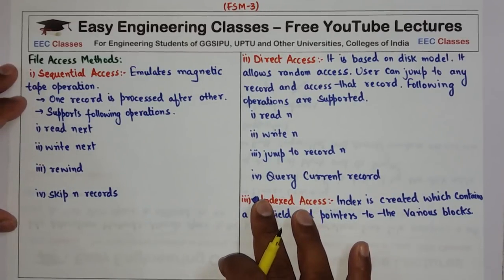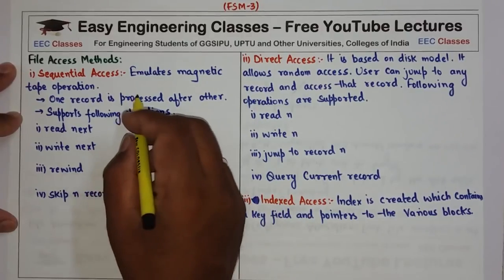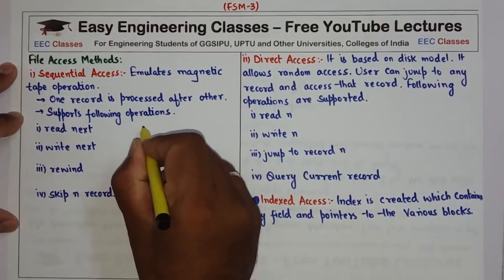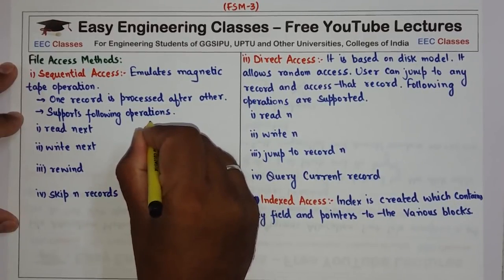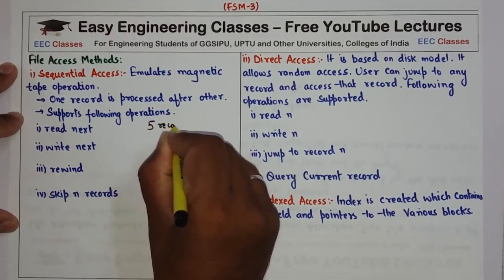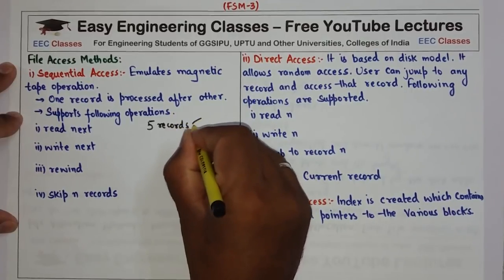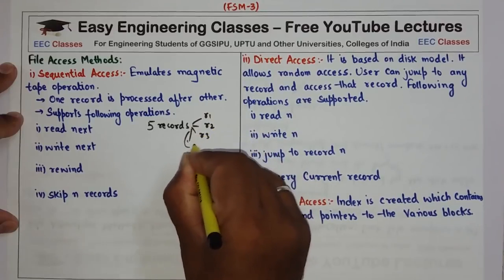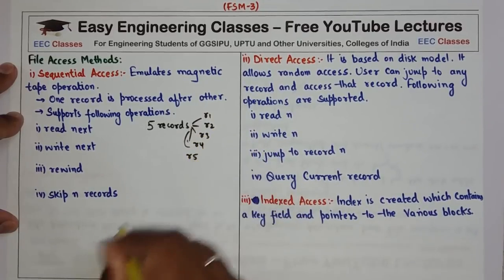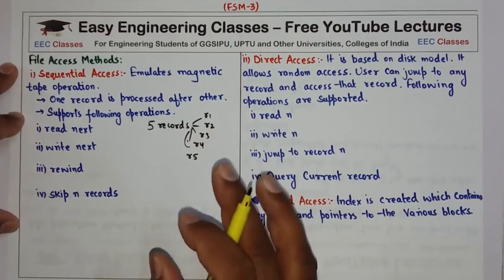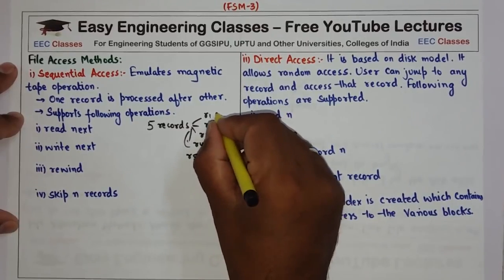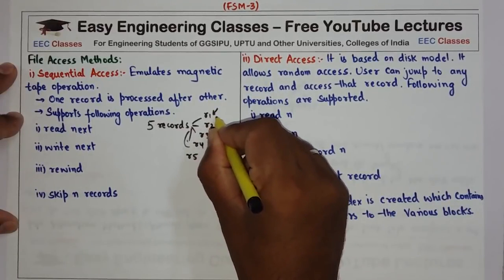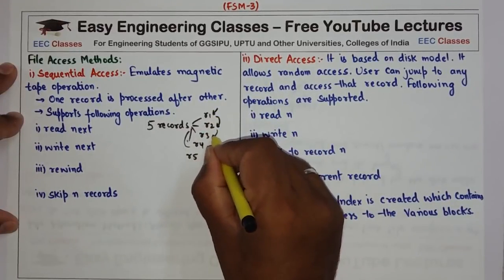Now by means of sequential access, it means a record is accessed in a sequence. If there are five records in a file, say R1, R2, R3, R4 and R5, then these records need to be accessed in a sequence, which means first you have to access record number 1, then from record number 1 to record number 2 and so on.